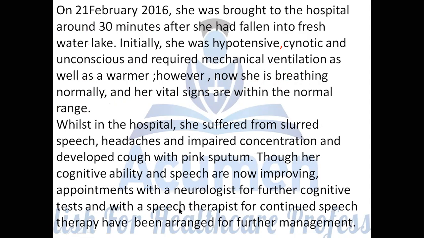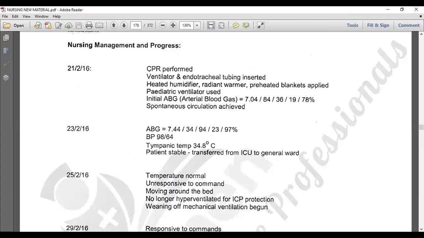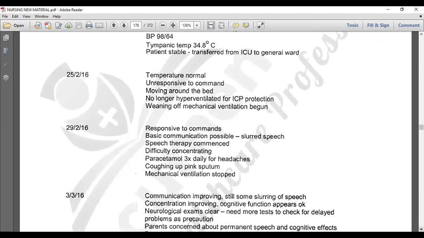So now if we look at the further case notes, because we have already covered this part in our letter, that she's breathing normally and her vital signs are stable. So this is what it is given.